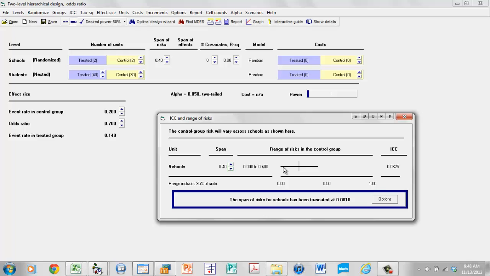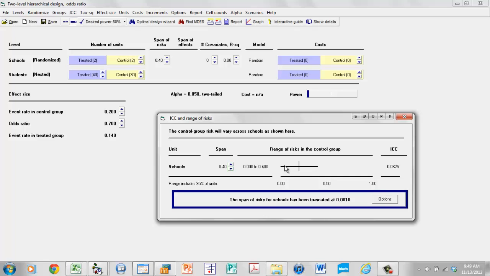The problem is that the way the analysis is done, you can't actually have 0 as a risk rate. It has to be something greater than 0, or the algorithm simply stops working, since this is done in the logit metric, and you can't actually have a 0 event rate. You can get very close to 0, but you can't actually reach it. So what do you do about that?